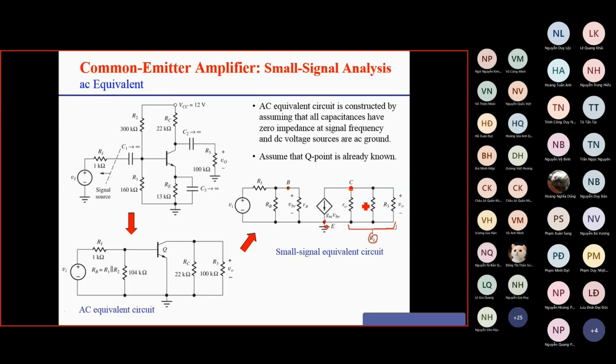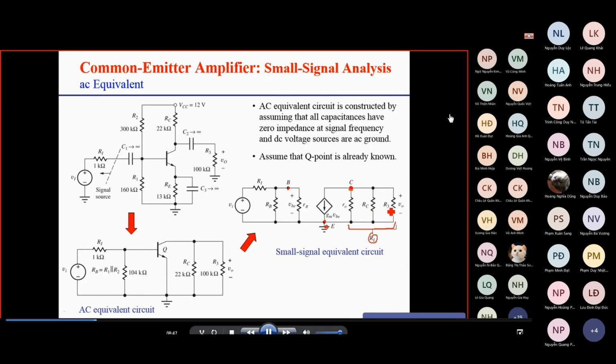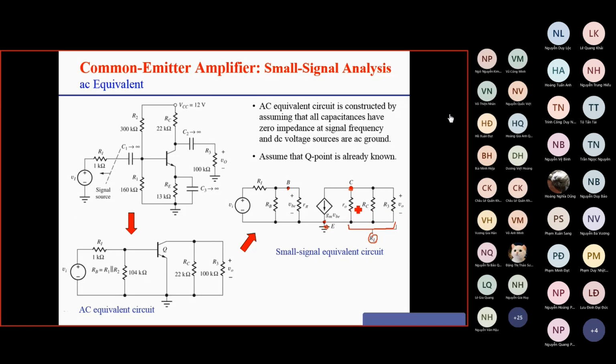Normally, R0 is very big compared to RC and R3, so in most cases we can omit R0, and RL is approximately RC in parallel with R3. Of course, in some cases, for example if R3 is 100 kilo ohm, RC is 50 kilo ohm, and R0 is 100 kilo ohm, you cannot omit R0.